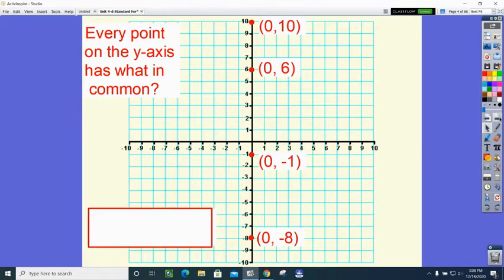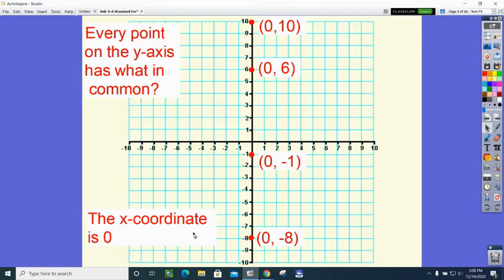So the first thing I want you to notice, if you look at the actual y-axis, I've picked 4 points off, and I have written their coordinates. What do you notice is the same on every single point? Did you notice that the x-coordinate is 0? So believe it or not, whenever there is a point where x equals 0, then that would fall on the y-axis.